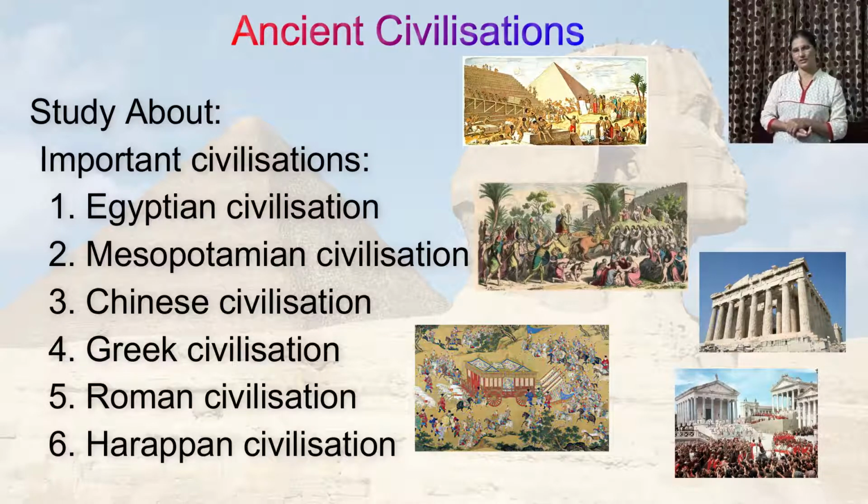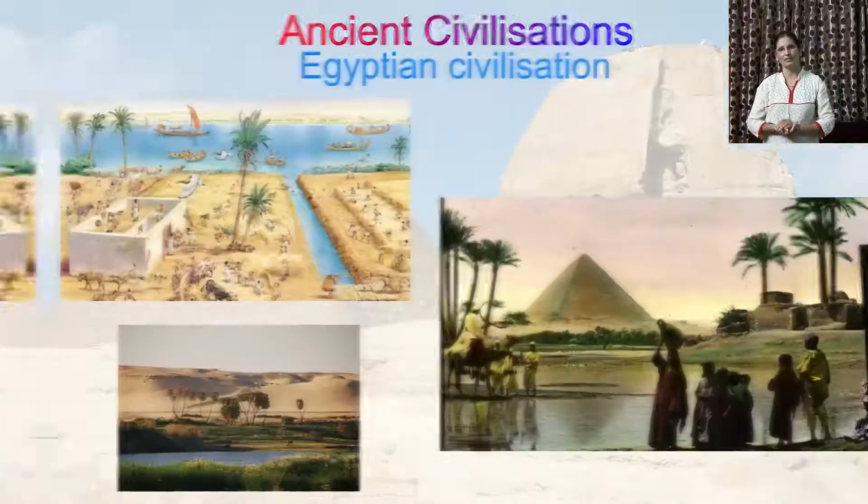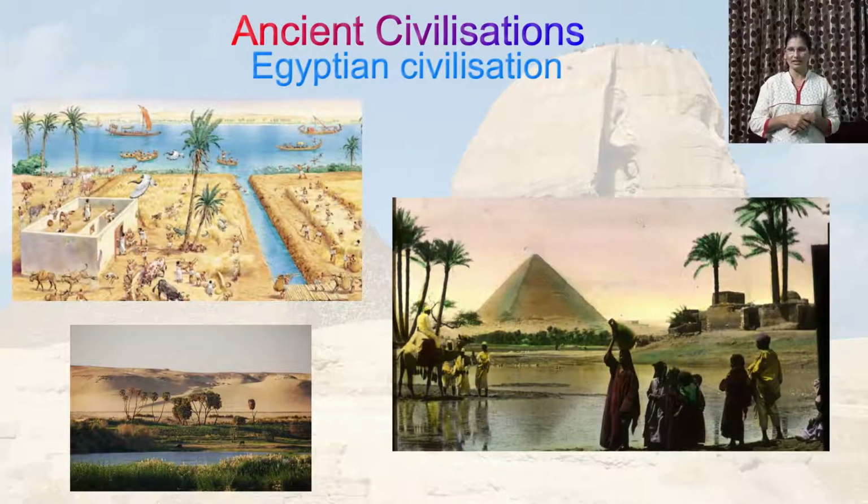There are six ancient civilizations in this chapter, and the first one is Egyptian civilization, Mesopotamian civilization, Chinese civilization, Greek civilization, Roman civilization, and the last one is Harappan civilization. Today we will learn about Egyptian civilization.